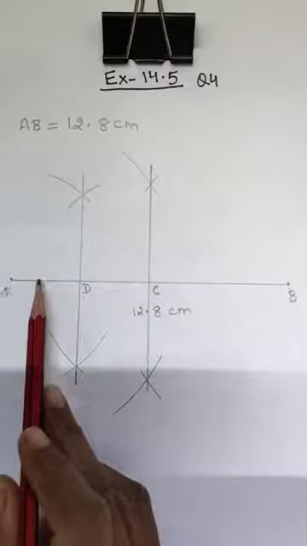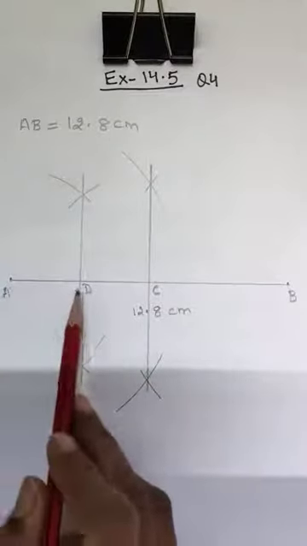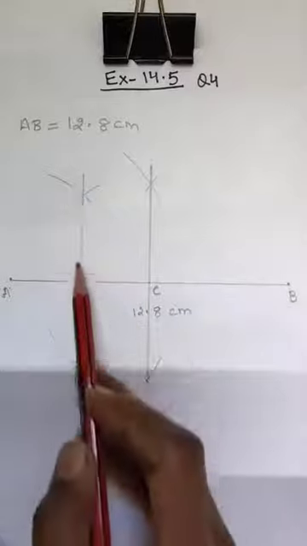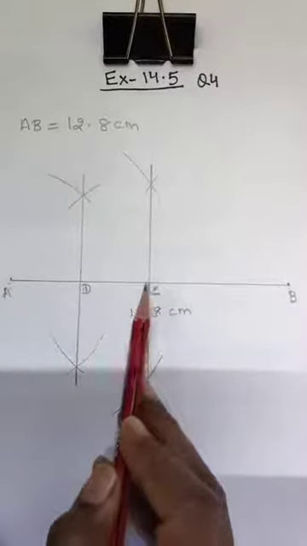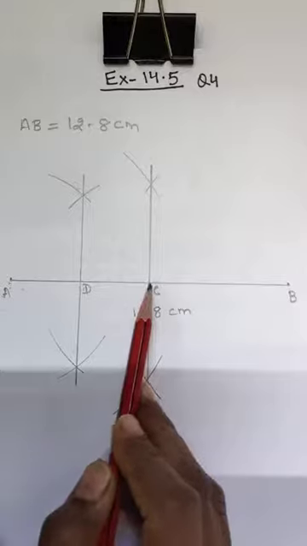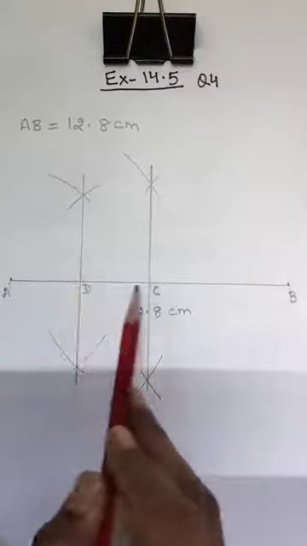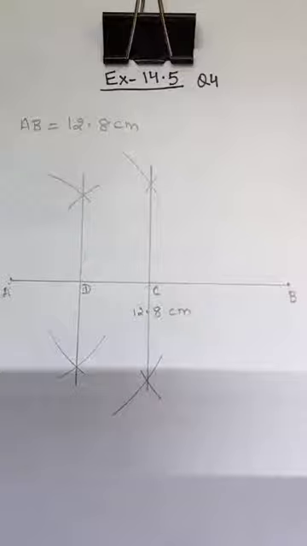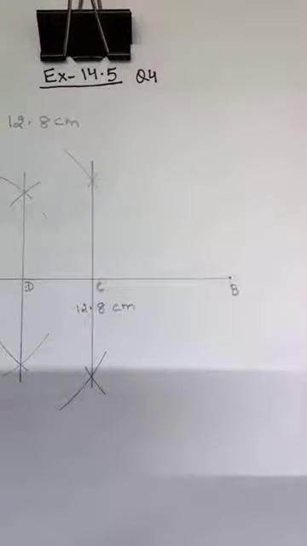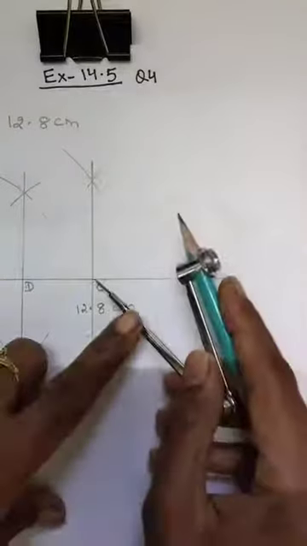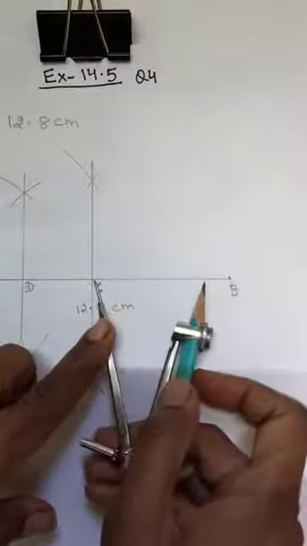Now this point D is bisecting AC into two equal parts. इस D पॉइंट ने AC को टू इक्वल पार्ट्स में डिवाइड कर दिया. सेम वी विल फॉलो नाउ विद CB. More than half of CB.